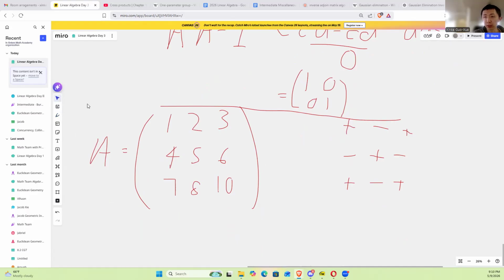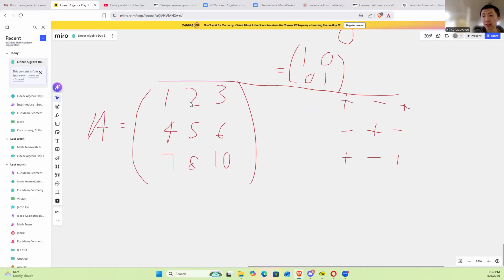What we do is, for every element of A, we delete its row and column. Let's say we take the first row, first column. We delete the first row and first column and look at this matrix. We take the determinant of this matrix.